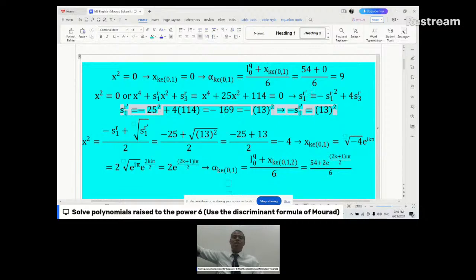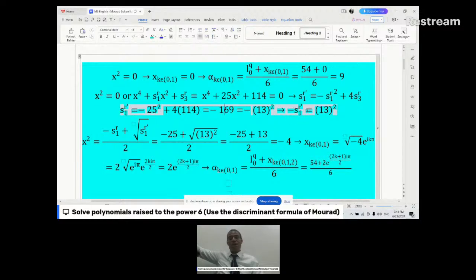S1 of order R is minus S1 of order R squared plus 4 times S3. This is S3, learners, this is S1. Therefore, you can write negative 25 squared plus 4 times 114. It will be negative 169. This is a square number, but there is a negative sign, meaning that it has to be equal to negative 13 squared.